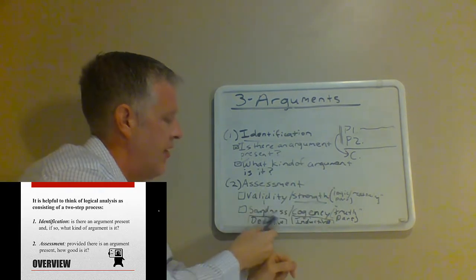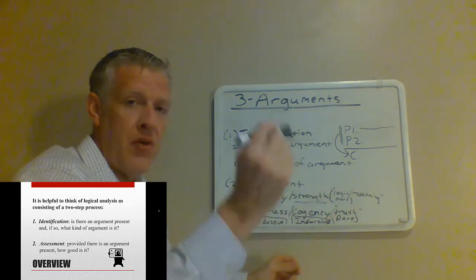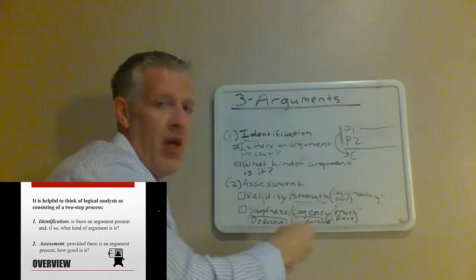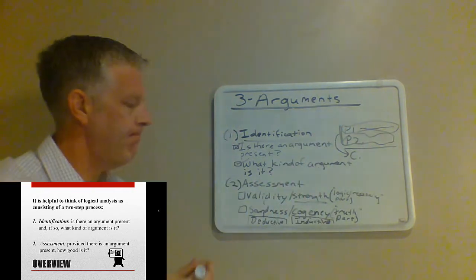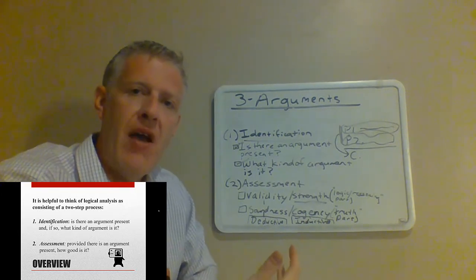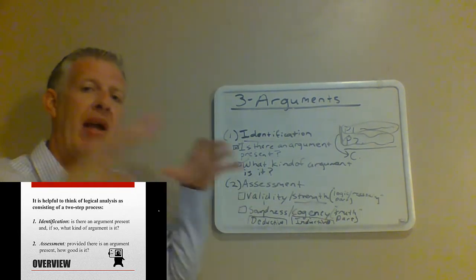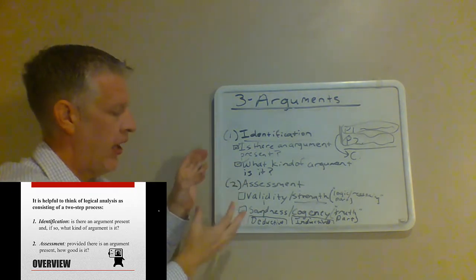So when we assess the soundness of a deductive argument, or alternatively the cogency of an inductive argument, that's where we're then going in and actually analyzing the truth of the premises. So hopefully you find it helpful to back up a bit and think of this in a general sense at first, and what exactly we're up to here.